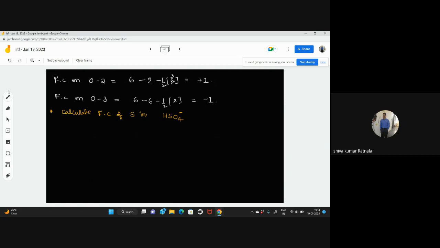See, let me try that. So formal charge, how will we write? Sulfur, no? Total how many will we write now? See here. Oxygen, oxygen, as per Lewis dot structure, right?